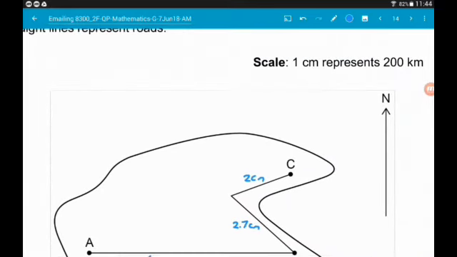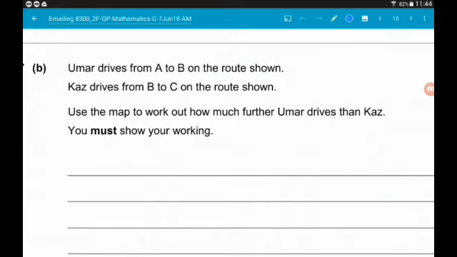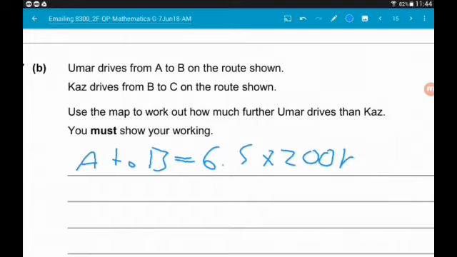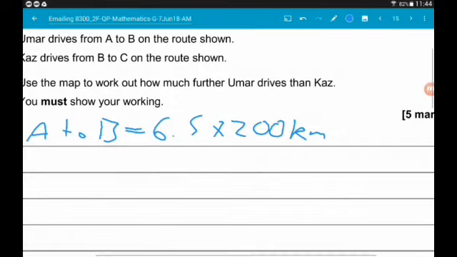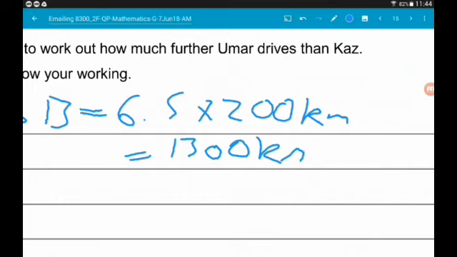It's 1 centimetre represents 200 kilometres. So A to B is 6.5 times 200, which is going to give us 1,300 kilometres. So that is how far Umar drove.